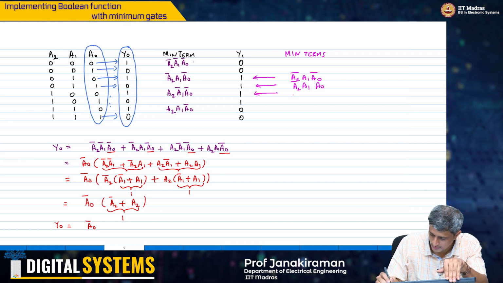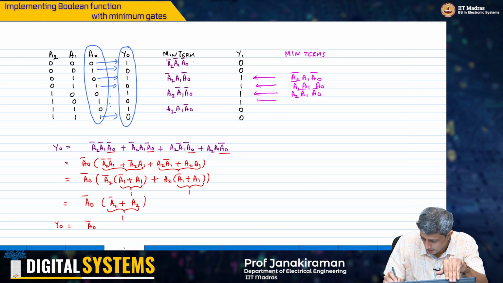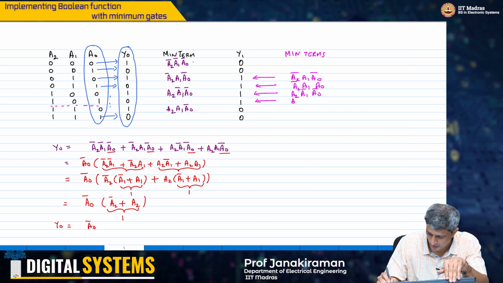Then this one is A2, A1 bar, A0 bar. And the last one, which is this combination, is A2, A1 bar, A0.